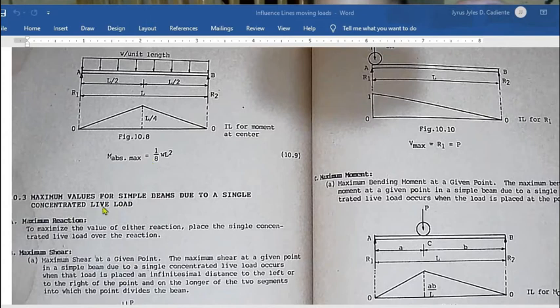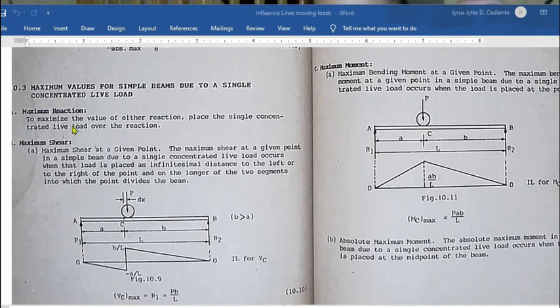Next, we have here maximum values for simple beams due to a single concentrated live load. So, applicable sa isang gulong. To maximize the value of either reaction, place the single concentrated live load over the reaction, which is at A or B, and then for maximum shear at a given point.